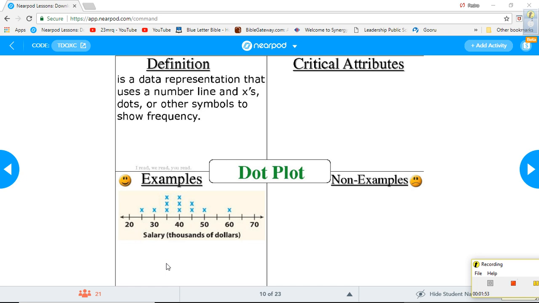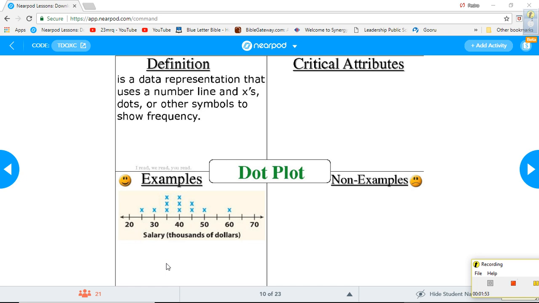Yeah. Even though the chart says 20, 30, 40, 50, but what does it say in the instructions? In thousands of dollars. That's why I was asking the question, which salary has the most frequency? And yes, it's 35,000 and 40,000.